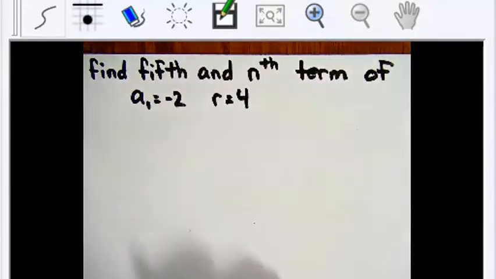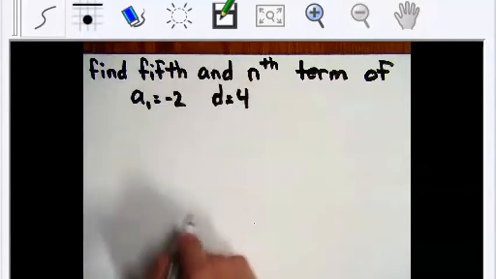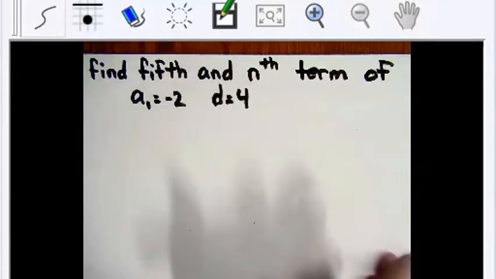Find the 5th term and the nth term of this geometric sequence. I know it's geometric because it gives me an R value. If it gave me a D value, then it would be an arithmetic sequence.